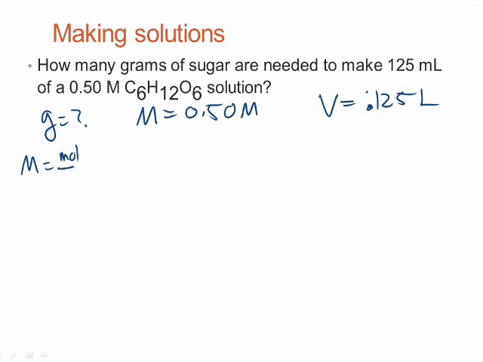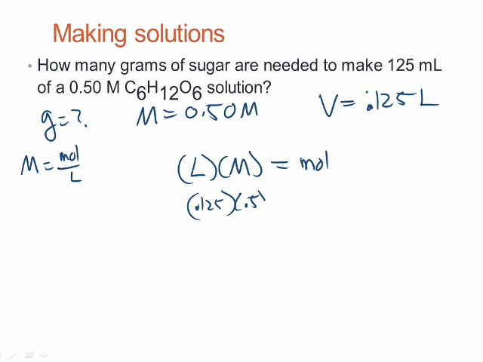Molarity is mole over liter, and so we're just going to multiply liters times molarity to get our mole, and then from mole we can go to grams. 0.125 times 0.5 equals 0.0625 mole.